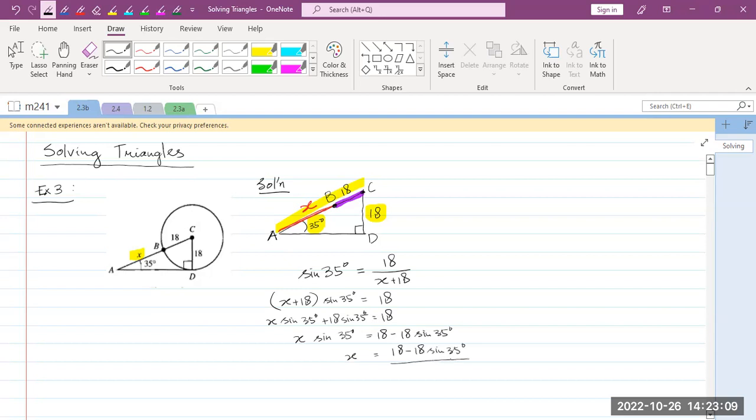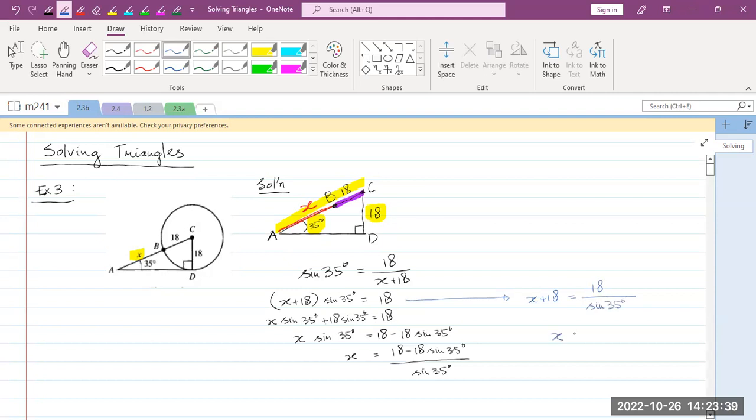Then from here, you use your calculator. Oh, there's actually another way to do it. Let me give you another alternative. After I multiply by the LCD, I can divide by sine 35 degrees first. So x plus 18 equals 18 divided by sine 35 degrees.